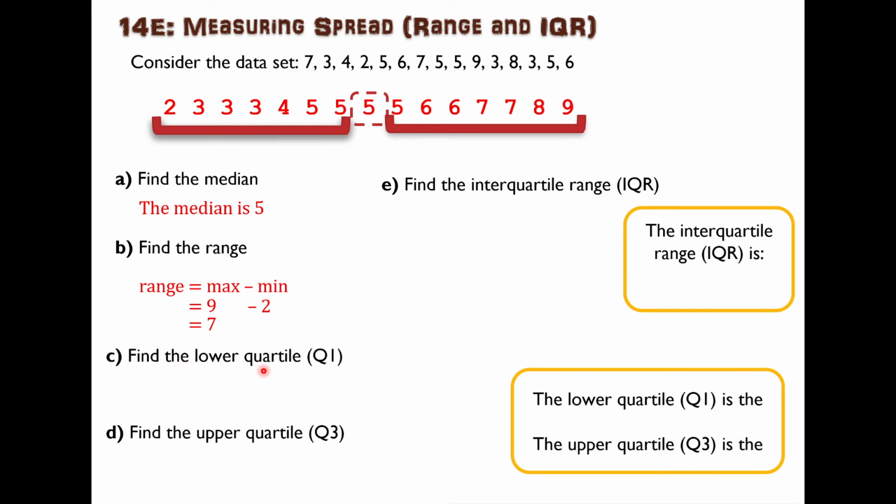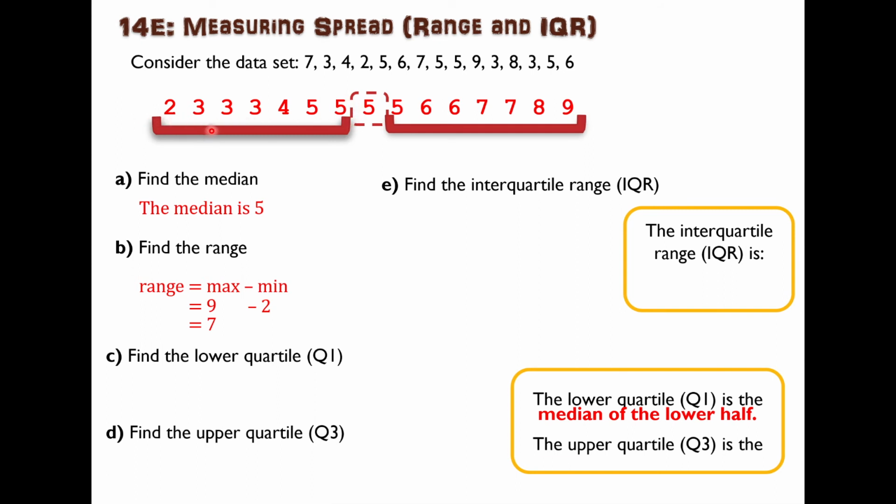Let's have a look at these two things that will help us calculate this mysterious IQR. The lower quartile and the upper quartile. The lower quartile is also called Q1, and the lower quartile is the median of the lower half. You see up here that I've got this lower half of 7 items here, so the lower quartile is the median of this bottom half.